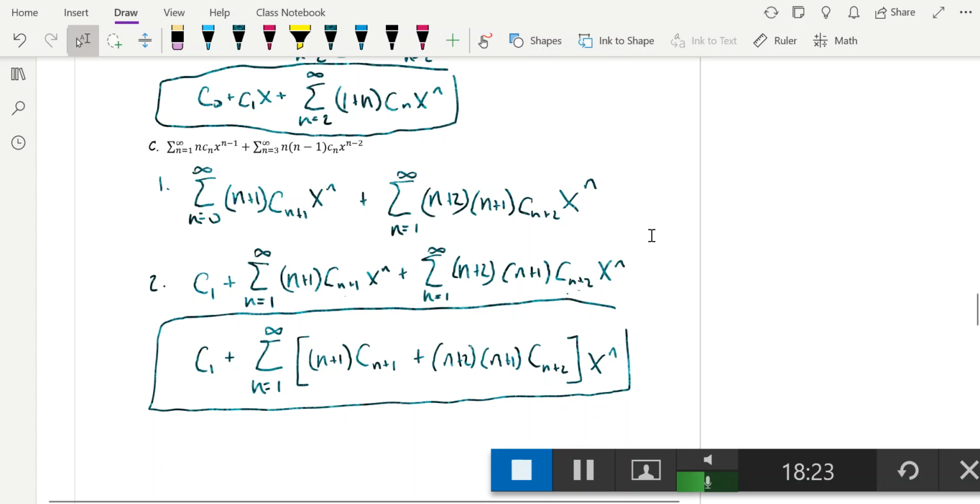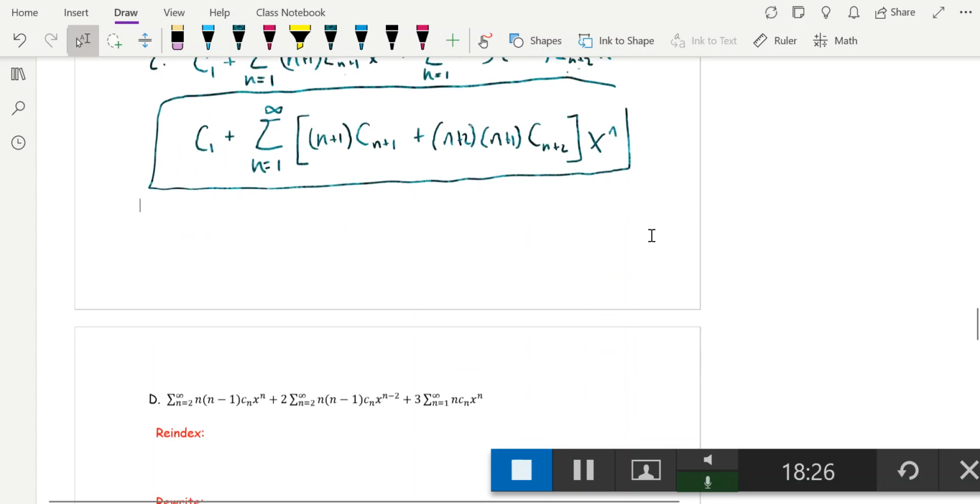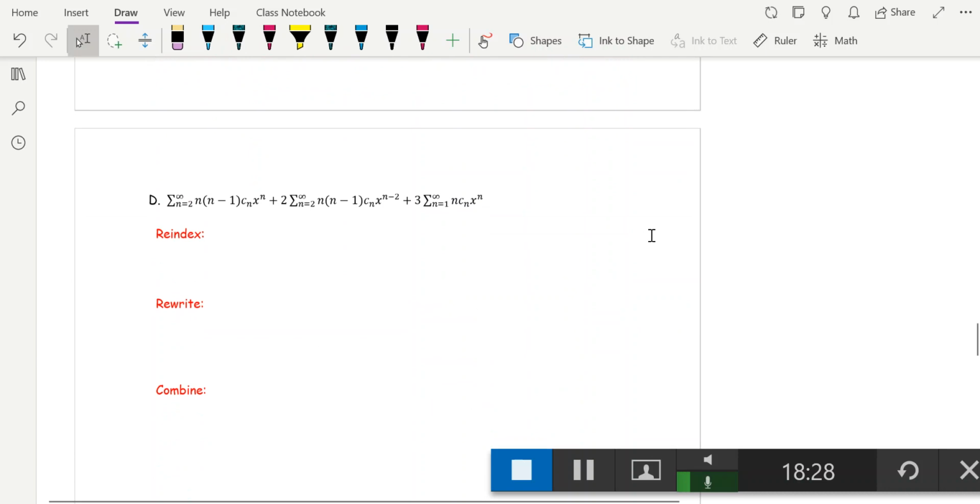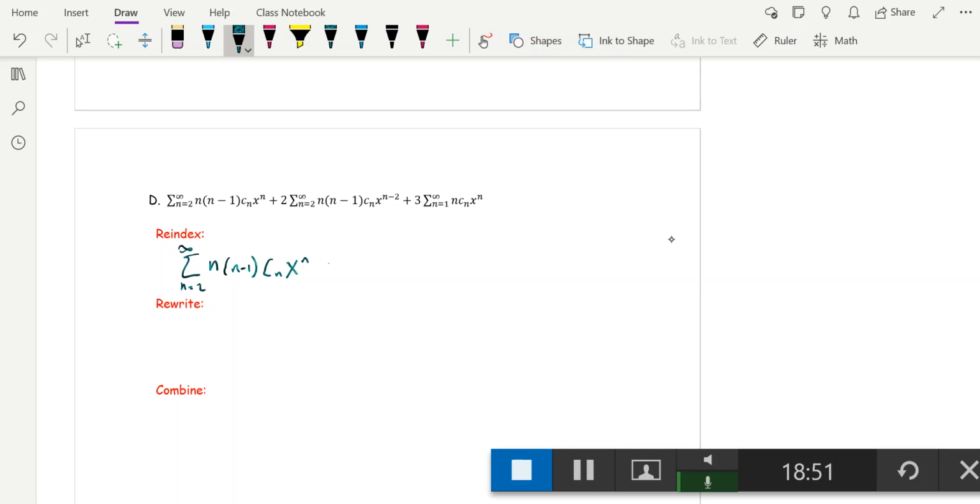Okay, one more I'll do with you. Again, this one's going to need a couple of things done. So the first thing we have to do is reindex the middle term. So the first term stays put, n equals 2 to infinity, n minus 1, Cn x to the n, and then plus, I'm going to do two things.